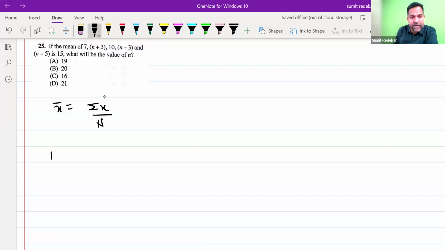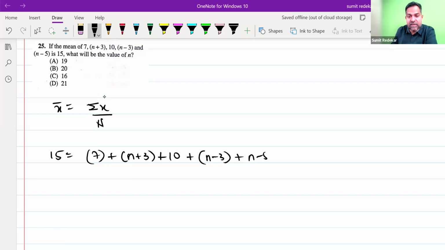The mean is 15. Then can I say 15 is 7 plus n plus 3 plus 10 plus n minus 3 plus n minus 5, the whole divided by, how many data values are these? 1, 2, 3, 4, 5. The whole divided by 5.